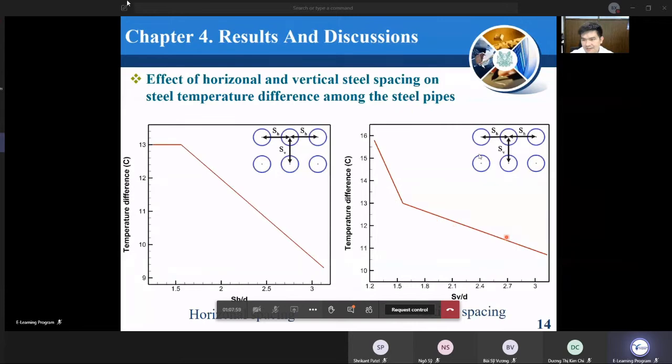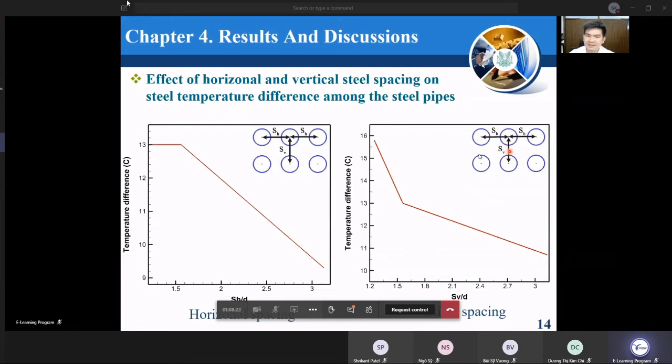This is because when we increase the horizontal spacing or vertical spacing, it means more spacing between the steel pipes, and then it will reduce the temperature difference.